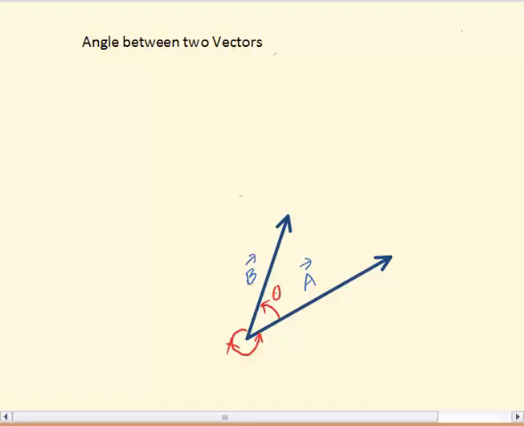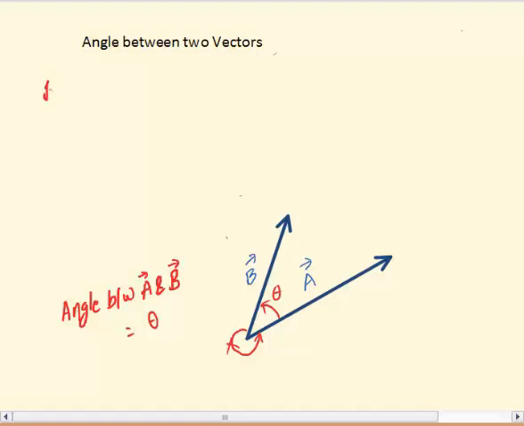So if the angle is theta, then we will say here that the angle between A and B, don't forget to put an arrow over A and B because they are vectors, is equal to theta. We can write it here, the definition for angle between two vectors.